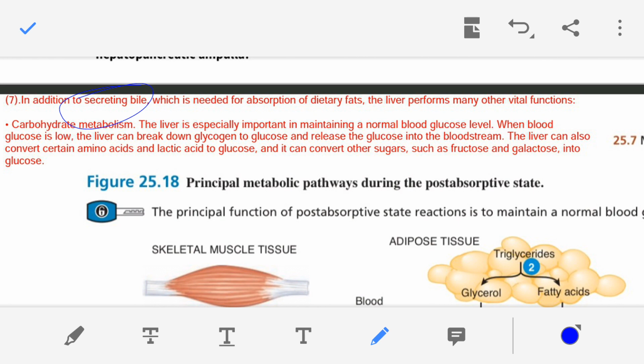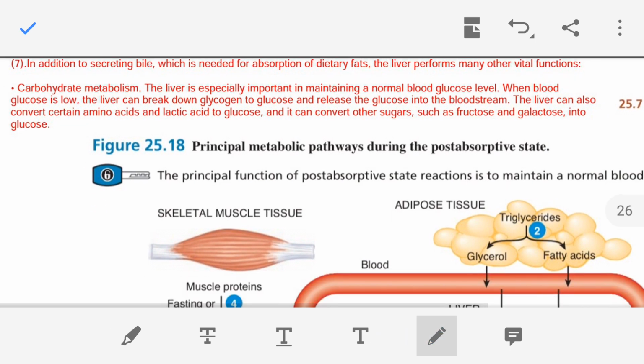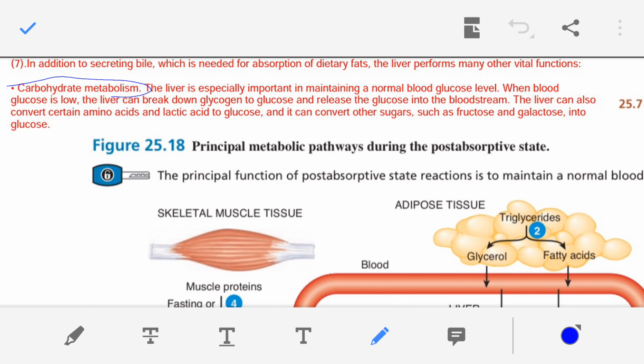So in addition to secreting bile, and this bile is needed for absorption of dietary fats, the liver performs many other important functions. For example, carbohydrate metabolism, in that the liver is involved.